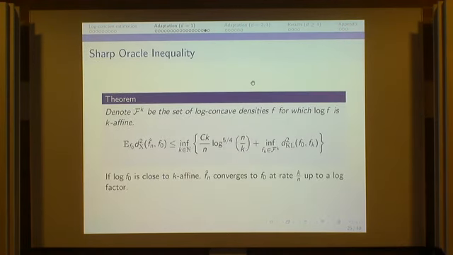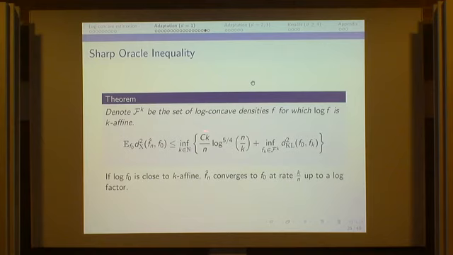And this approach has another merit, because we can extend the result to log k piecewise affine pretty straightforwardly. So we proved that when f0 is close to log k piecewise affine, so this is again the approximation term, then basically we can get the risk upper bounded by k over n up to a log factor.